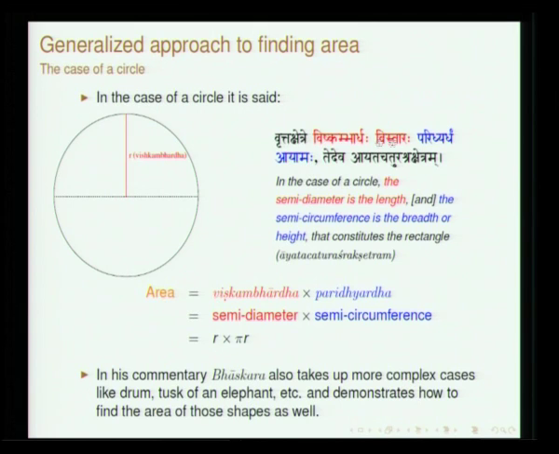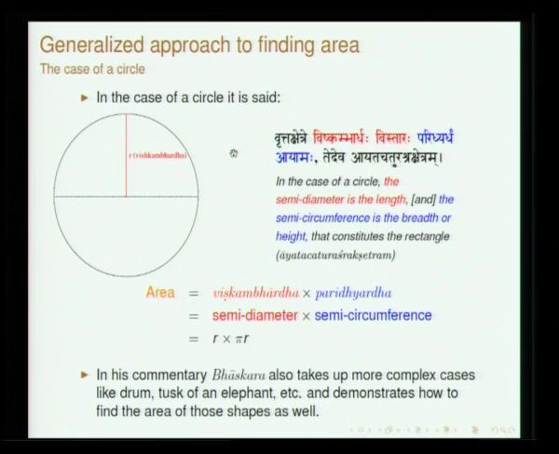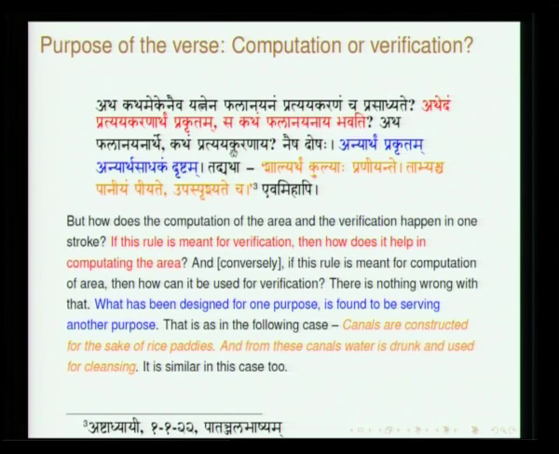So vishkambharthaha vistaraha paridhyardham ayamaha tadeva ayata chaturashra kshetram. You can visualize it to be a rectangle. So even this circle can be conceived of in that sense. This is how this verse has been explained by Bhaskara.